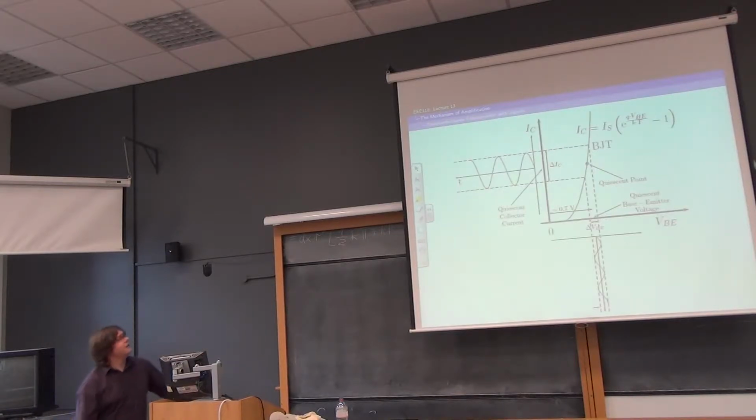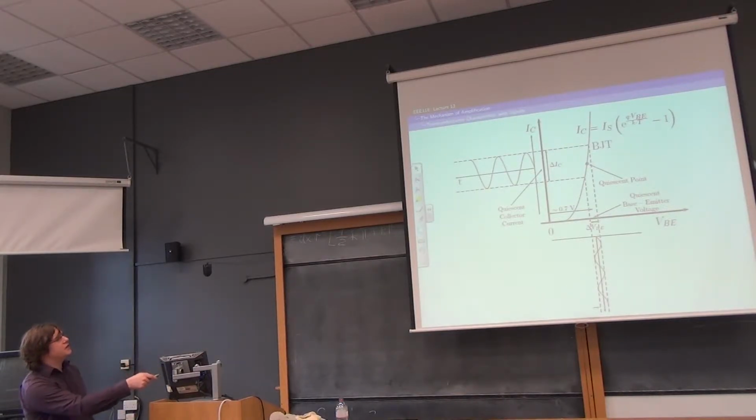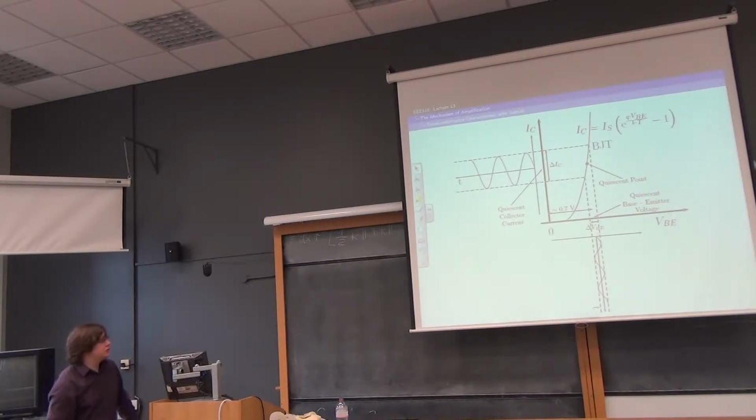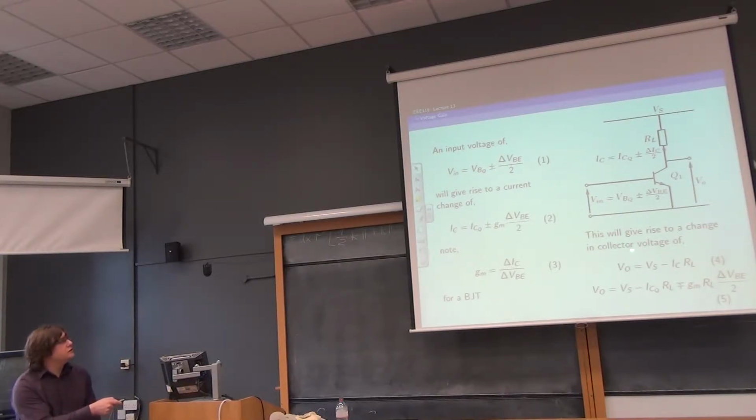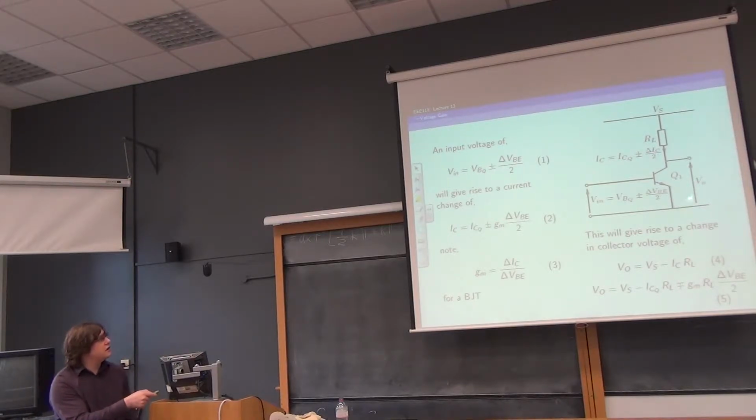If we go back to here, what I'm saying is dIC by dVBE is the slope of this line, which we're calling straight, and that's the small signal transconductance, which is equation 3. So this will give rise to a change in collector voltage across the collector to ground of Vs minus IC times RL.